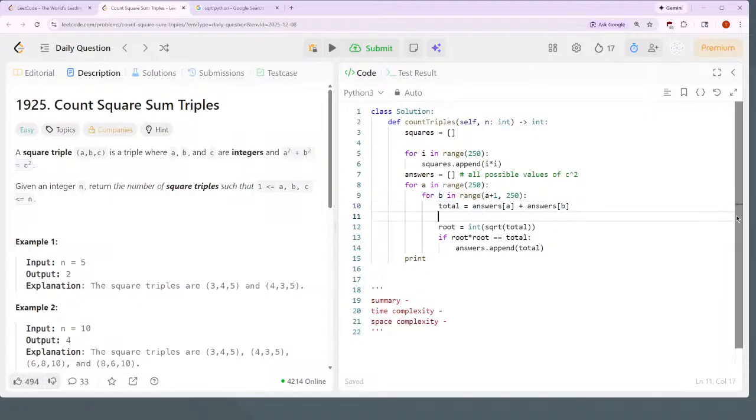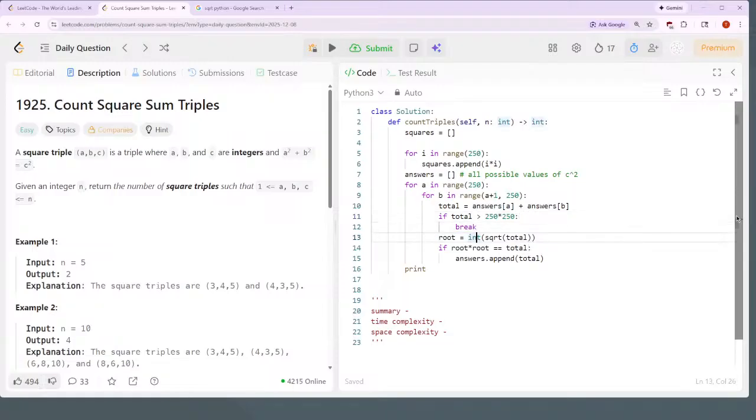I think maybe I can break here if total is bigger than 250 squared. Then break, because then it's just not possible, and go on to the next iteration of a, the next iteration of b. Yeah, I think so. Alright, let's go and print out what this gives me for answers.